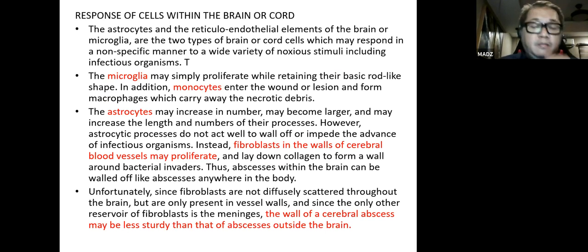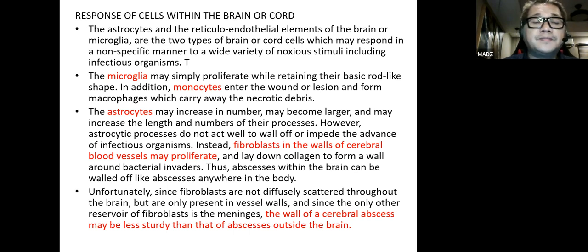The microglia may simply proliferate while retaining their basic rod-like shape. This is called microglial activation, and it is usually activated by an infectious process. In addition, monocytes may enter the wound or the lesion and form macrophages, which carry away the necrotic debris.